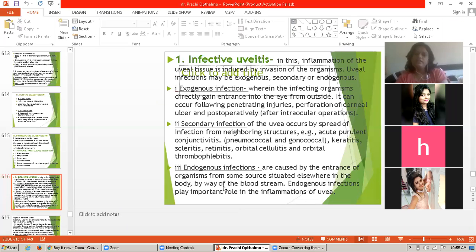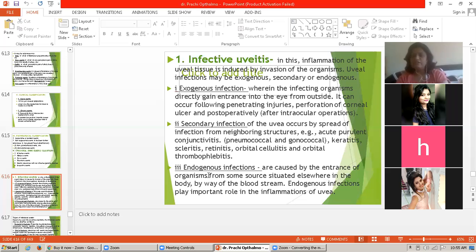So endogenous infections are caused by the entrance of the organism from some source situated elsewhere in the body by way of the bloodstream, and they play an important role in the inflammation of the uvea.